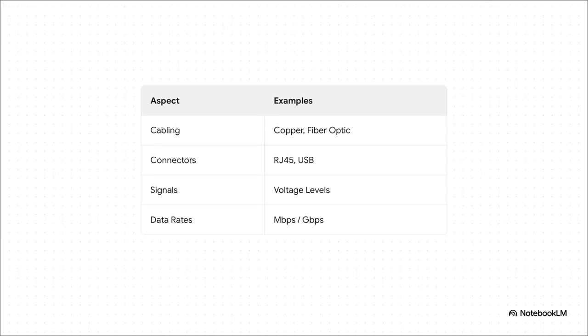Well, pretty much everything physical you can think of. The standards define the exact type of cabling. Is it copper? Is it fiber optic? They dictate the precise shape and pin layout of the connectors, like that familiar plastic plug on an Ethernet cable, the RJ45. They even specify the exact voltage for a 1 versus a 0, and the data rates. All of this is to make sure everyone is speaking the exact same physical language.